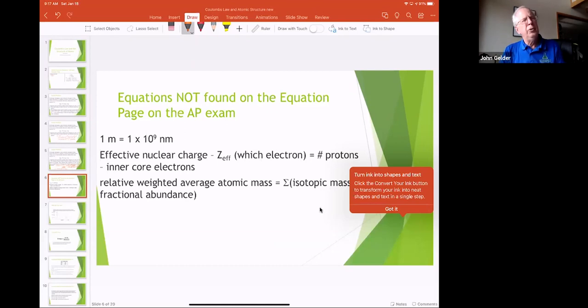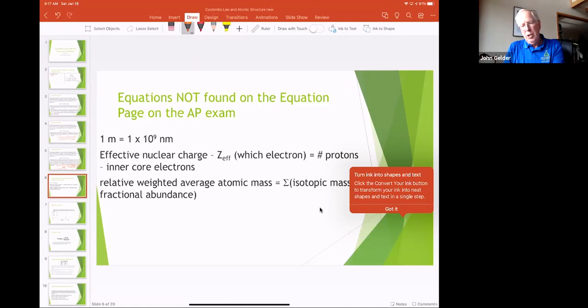You should have this kind of information available to yourself, because we have seen questions on the AP exam where the expectation is that you should know these kinds of relationships. So the fact that 1 meter is 1 times 10 to the 9 nanometers.